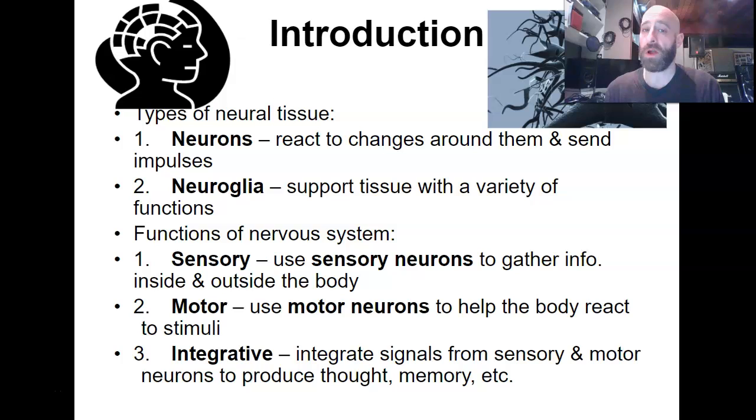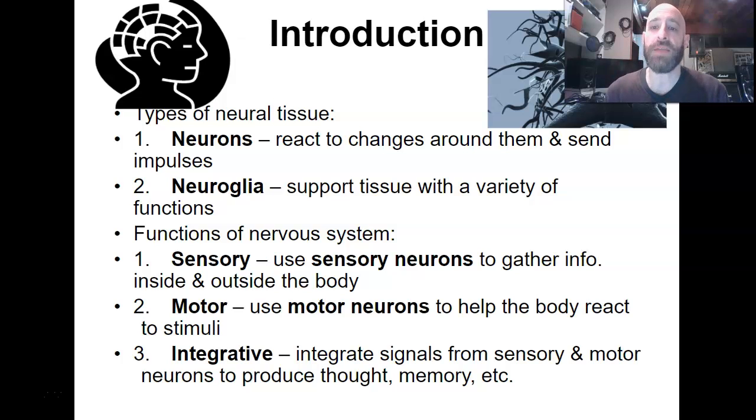We have our motor neurons, and their job is to have the body react to stimuli. So sensory information goes in, motor goes out to the muscles of the body and to the glands and organs of the body. And then finally we have the integrative, and the integrative are the least understood and, to me, most interesting, because these are the neurons that make up your brain and spinal cord. They take information from the sensory neurons and use it to come up with answers to questions.